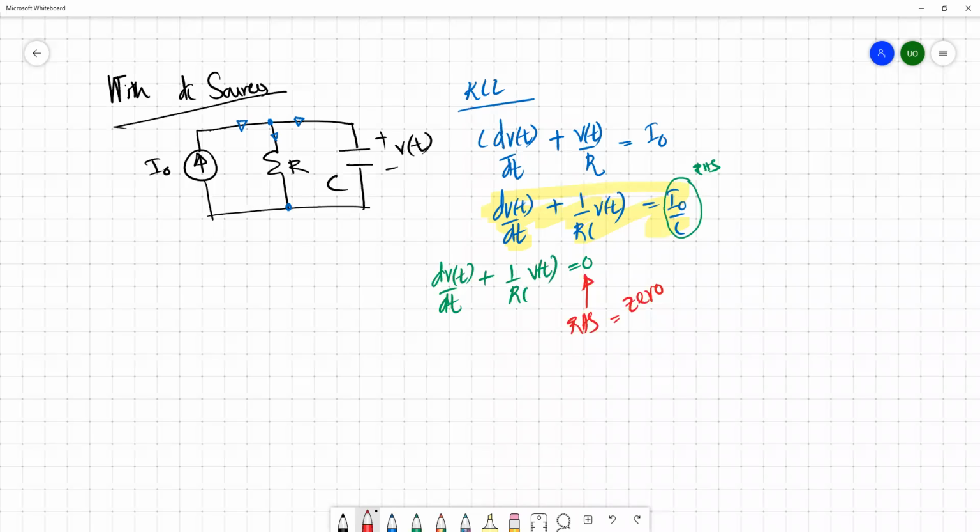Once it comes to sources, the right hand side is not equal to 0.